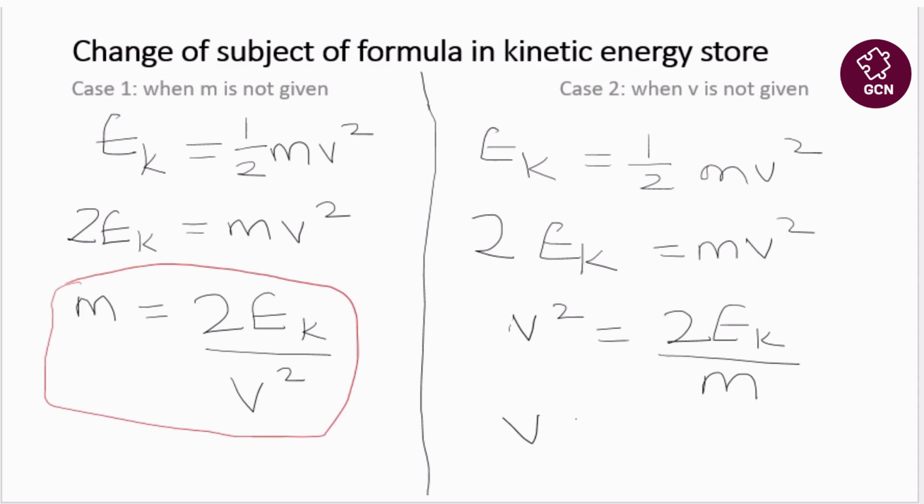Finding the square root of both sides, we have v equals the square root of 2 E subscript K over m. And this is the formula we are going to apply whenever we are asked to find the speed.